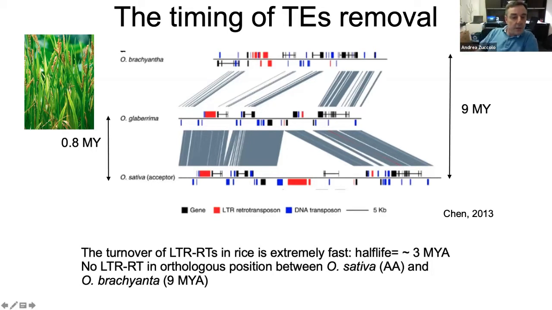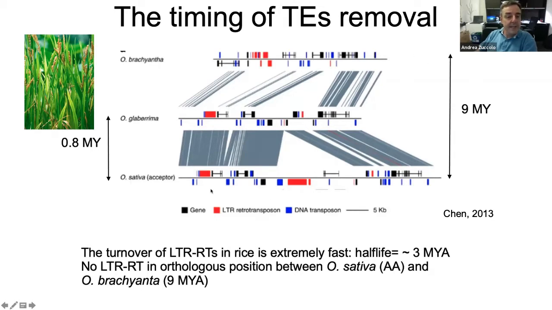In this picture is depicted an orthologous region shared between domestic rice, Oryza sativa, the African rice, Oryza glaberrima, and a wild rice, Oryza brachyantha. Genes are depicted in black, TEs in blue and red. And the time that separates sativa from brachyantha is 9 million years.